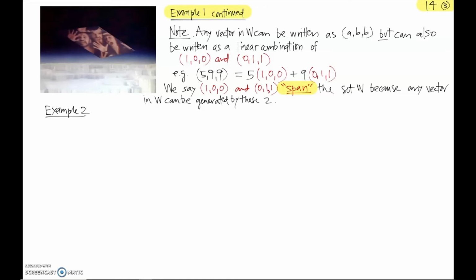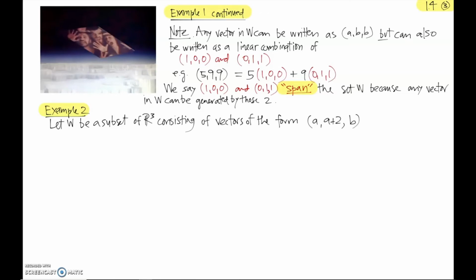This time, let W be a subset of R3 consisting of vectors of the form (a, a+2, b).